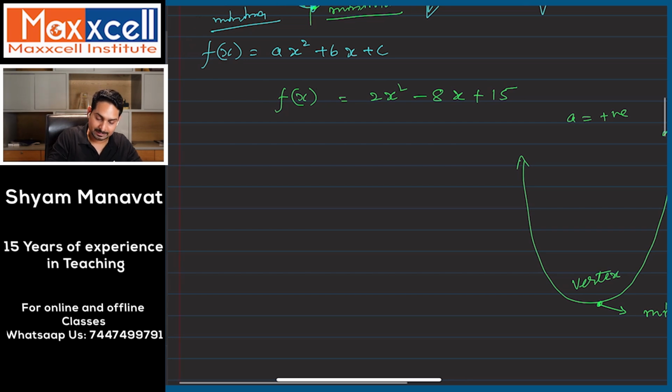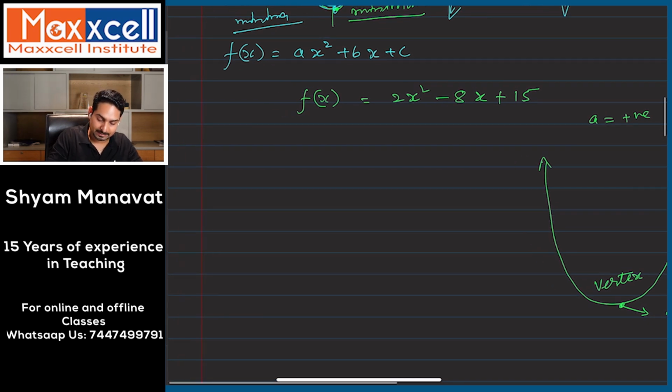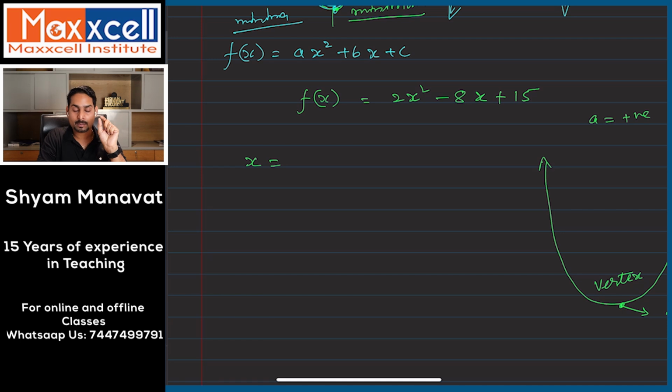Vertex. So x at the vertex, please try to connect the dots, x at the vertex is nothing but minima, and we know how to calculate the x coordinate of the vertex. How do we calculate it? That is minus b upon 2a.